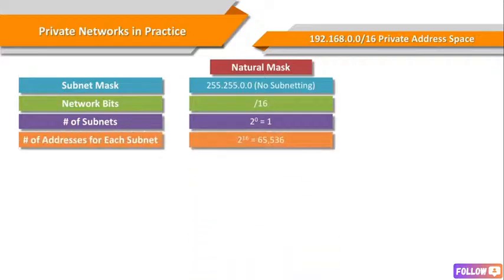So in this case, we can address 65,536 devices in this network. Well, of course, the first IP and the last IP we're not allowed to use, so the number of IP addresses is actually 65,536 minus 2. You do the math. But in practice, for ease of use, it's pretty much used as the power of 2.